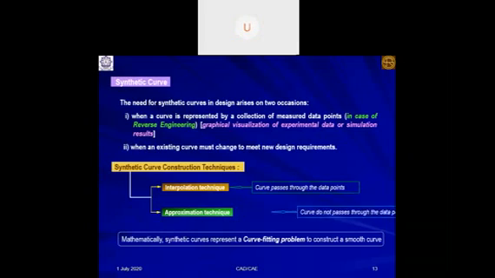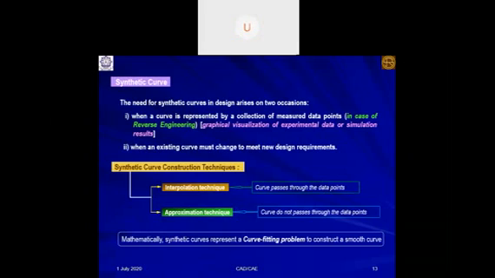There are two ways the synthetic curve is constructed, called synthetic curve construction techniques. One is called the interpolation method, another is called the approximation method or approximation technique. In the interpolation technique, the curve passes through all the data points, whereas in the approximation technique, the curve doesn't pass through all the data points.